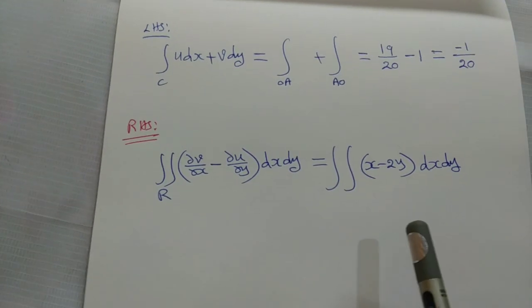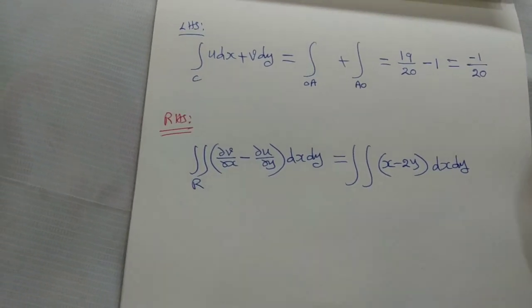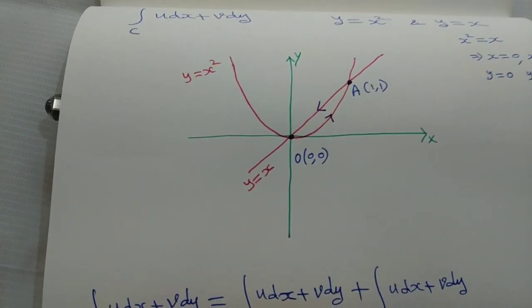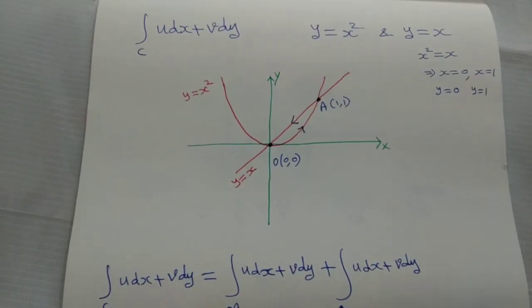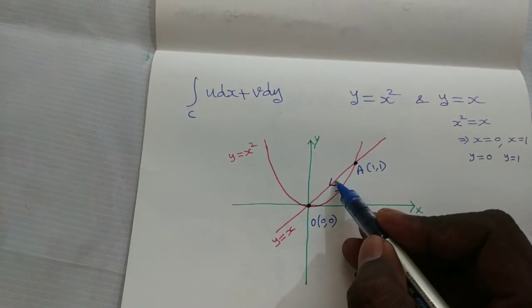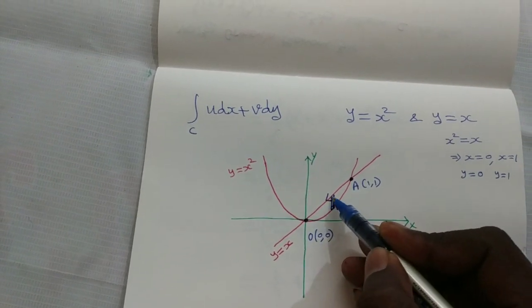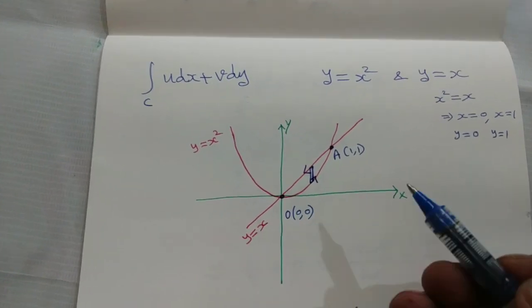Next I want to find the limits for x and y from the given diagram. In the diagram I can put either a horizontal strip or a vertical strip. Now I am going to put a vertical strip. If I put a vertical strip, the y limit is variable and the x limit is constant.